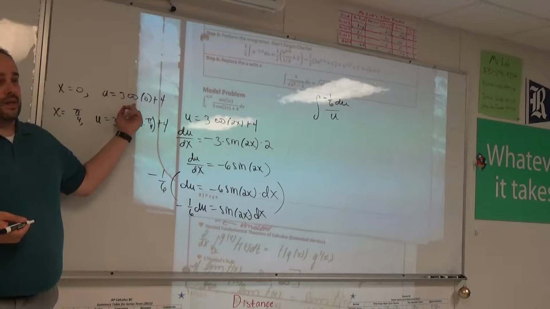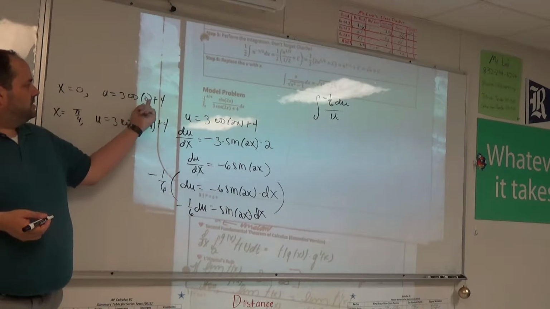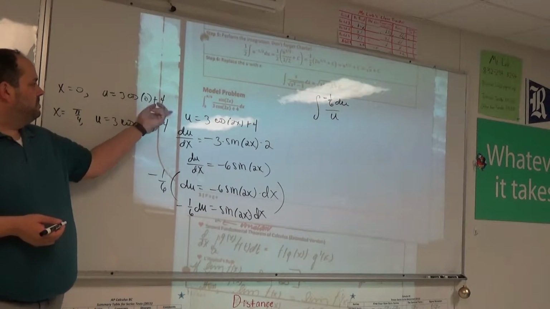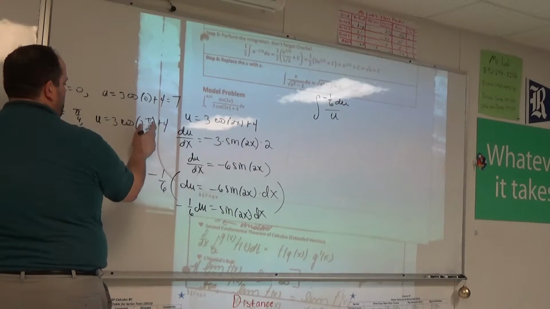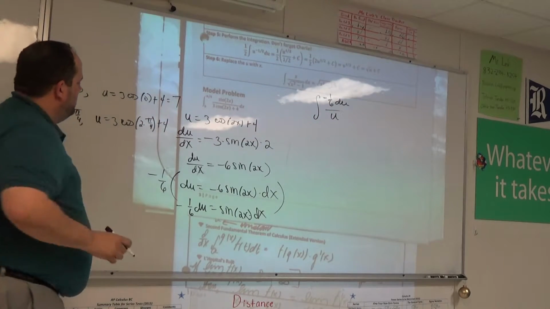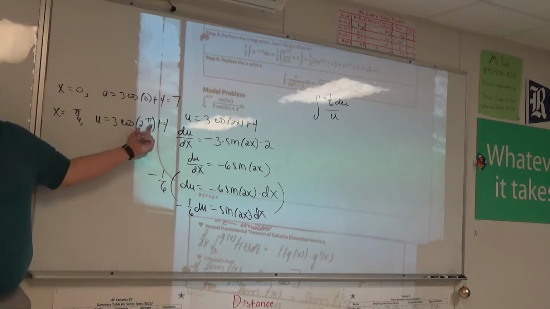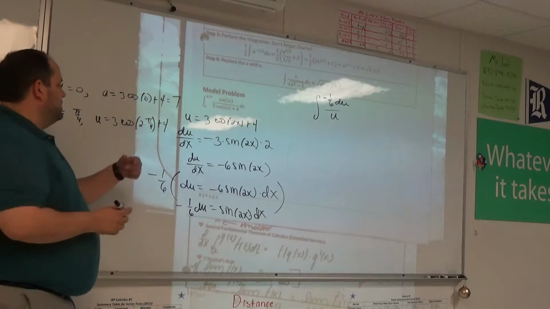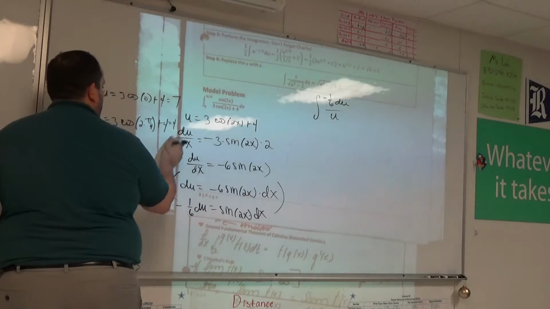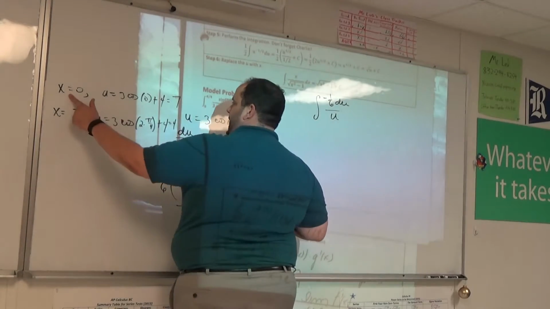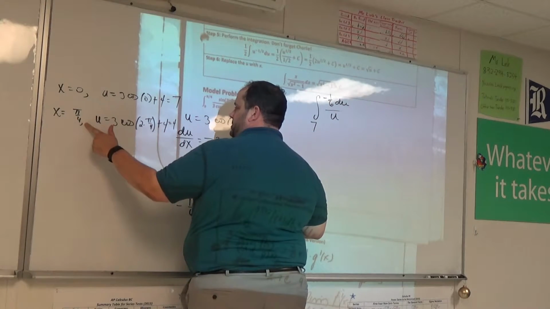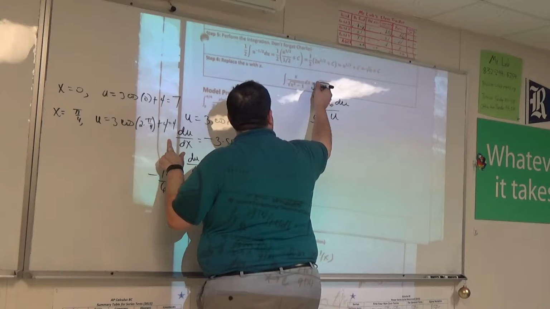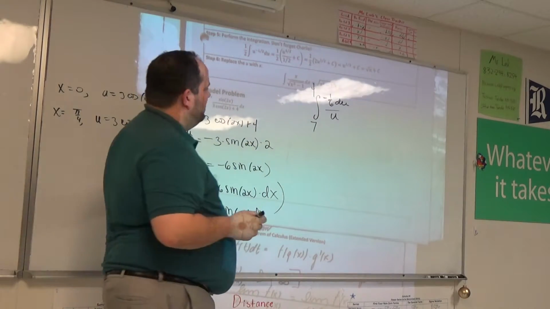Cosine of 0 is 1, you need to know that. 1 times 3 is 3, plus 4, 7, okay? 2 times pi over 4 is pi over 2. If I think about my unit circle, cosine of pi over 2 is 0, times 3 plus 4, 4. So x used to be 0, now it's 7. X used to be pi over 4, now the u value is 4.